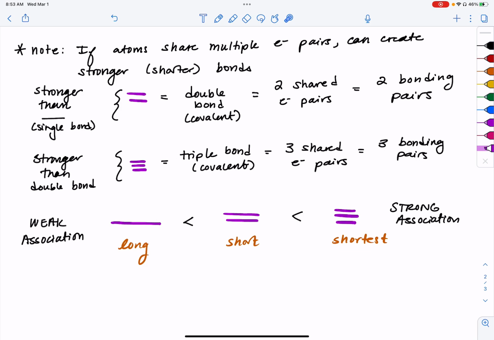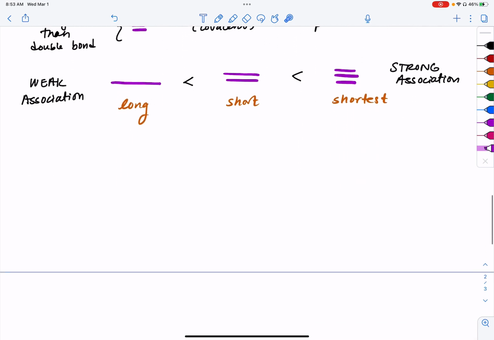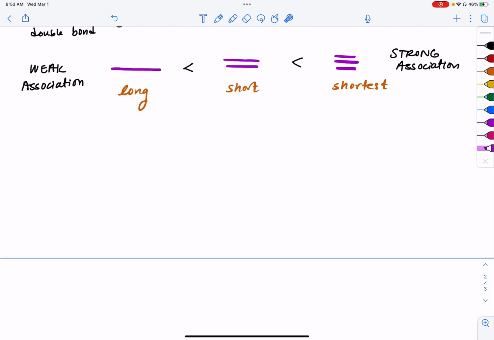In folding it in half, you would have a stronger cordage, but you would also have half as much. If you were to try to get a rope that is 3 times stronger, you might fold your charging cable into thirds. And in doing so, you would have a really strong cordage, but you would have a cord that is now 1/3 of its original length. So because we've got such strong association with our triple bond, it's going to be a shorter distance between our atoms that are sharing those valence electrons.